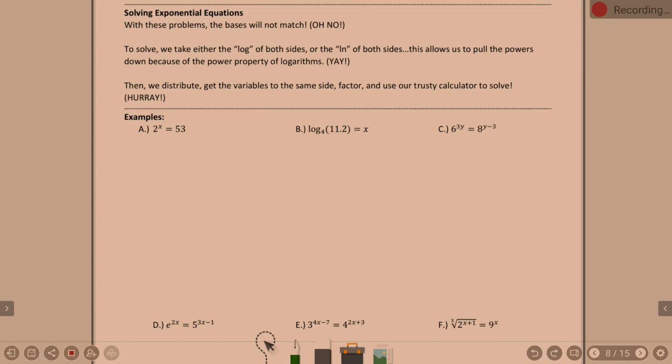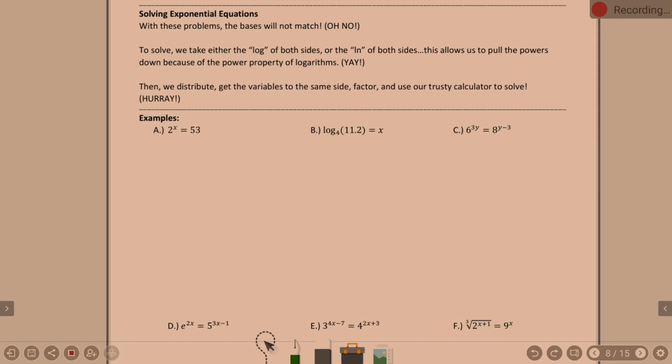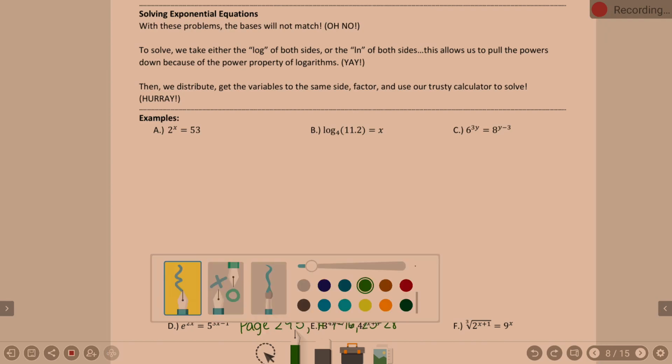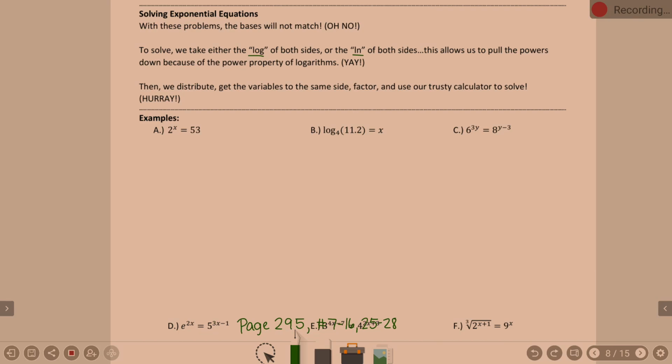We solve by taking the log of both sides. Officially, you can use log base 10 or natural log. Basically, you want to use a calculator button, which makes life easiest. This allows us to use our power property and then solve for x in the process.